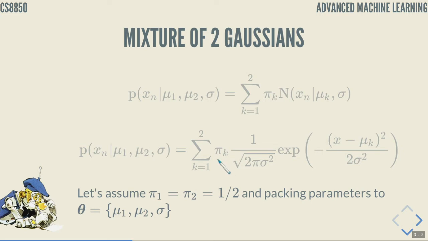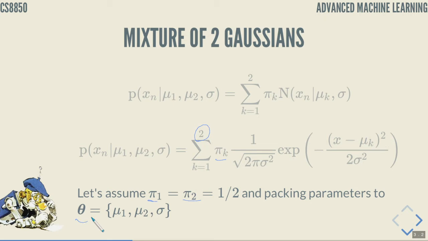Let's assume that those Gaussians are equally likely, so the class probabilities are 1/2, and let's fold all of our parameters, mu1, mu2, and sigma. Now we are in the two-class case, not in the arbitrary k-class case. So just two Gaussians, a one-dimensional situation.